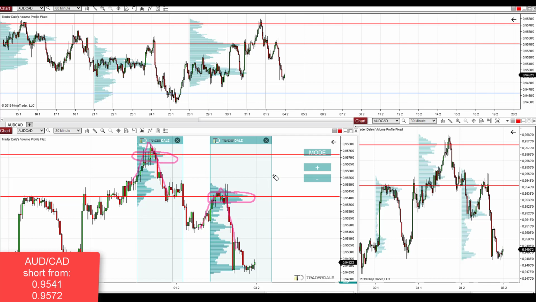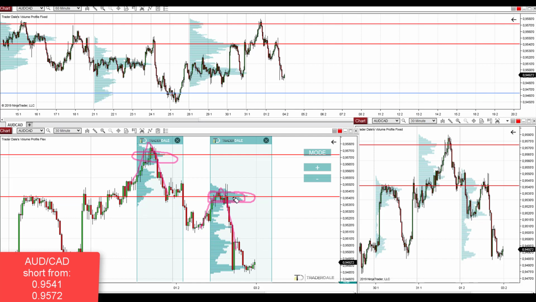This indicates that strong sellers were rejecting higher prices. They accumulated selling positions close to the high of the reaction, and then they started the strong selling activity. Both cases look basically the same, so the logic is the same behind both of those.